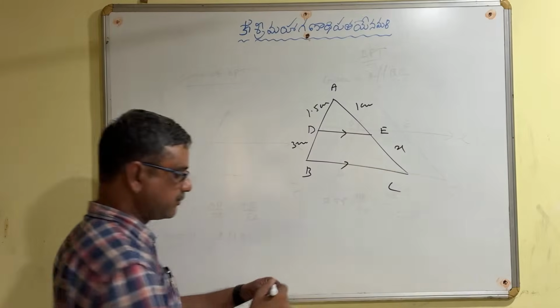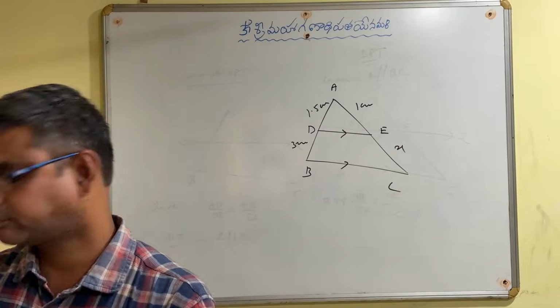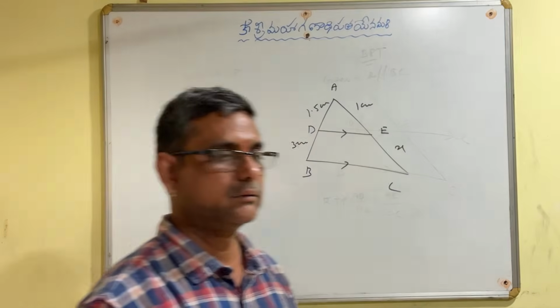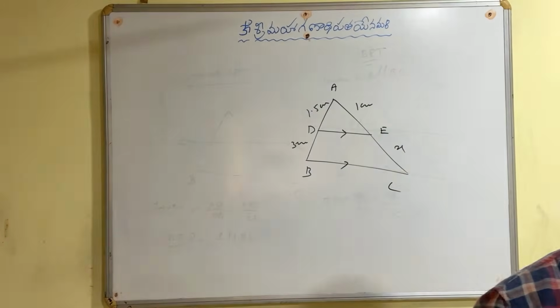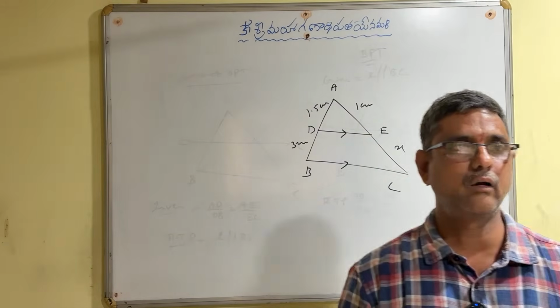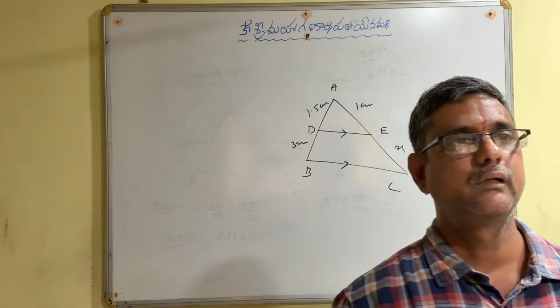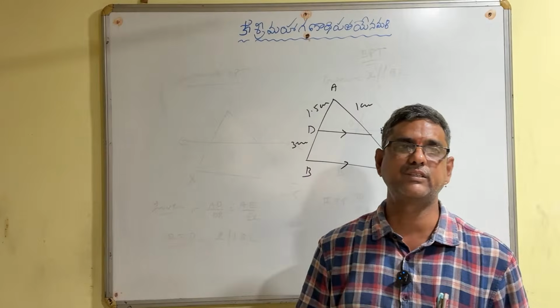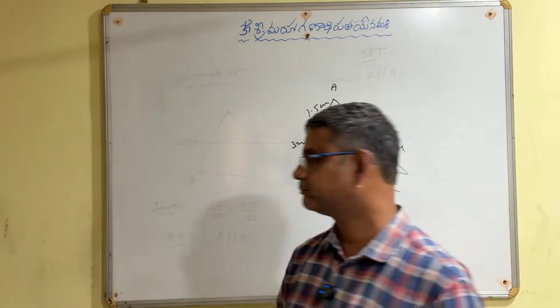We need to find this one. It's a direct question. In triangle ABC, DE is the line parallel to BC. It is given AD is 1.5, DB is 3, AE is 1 centimeter. We need to find EC.